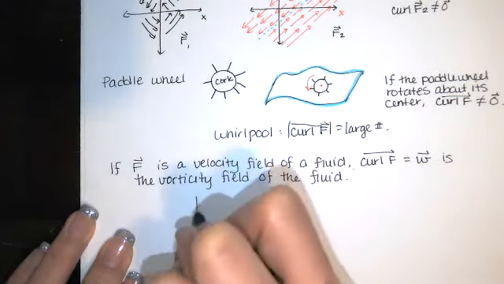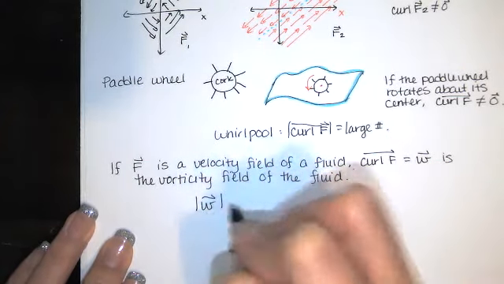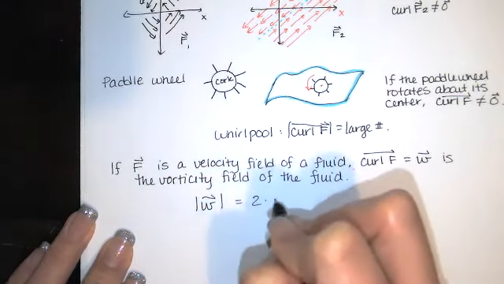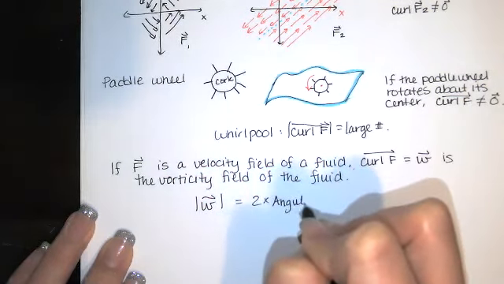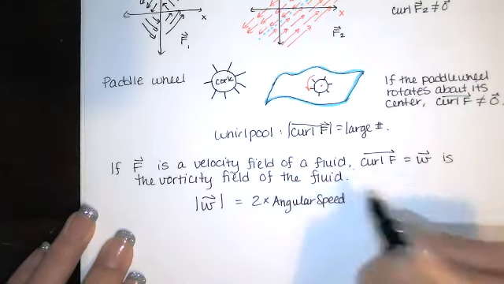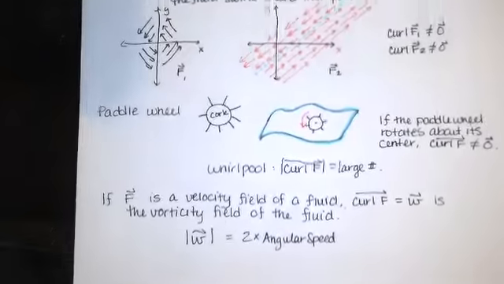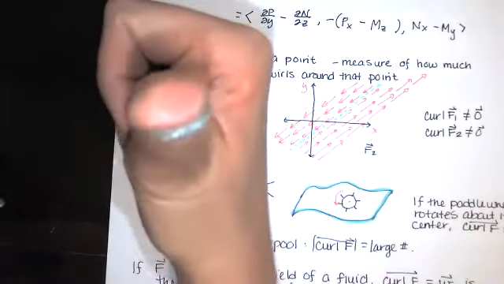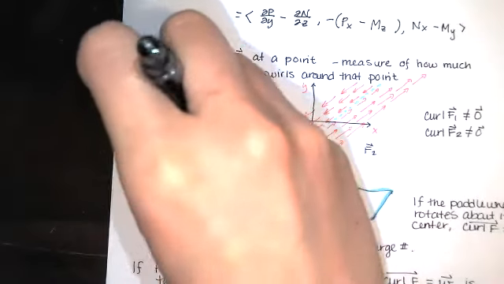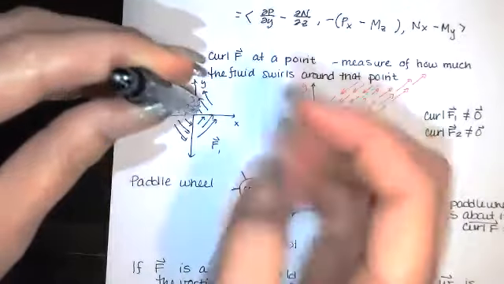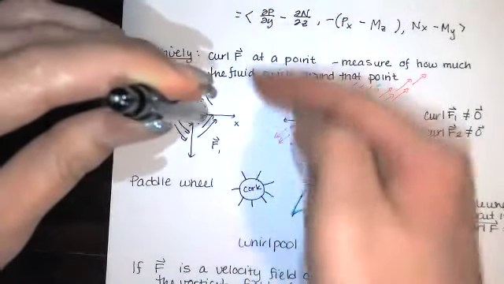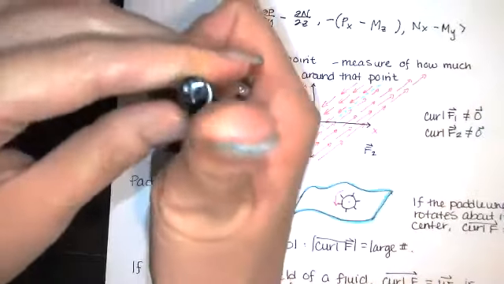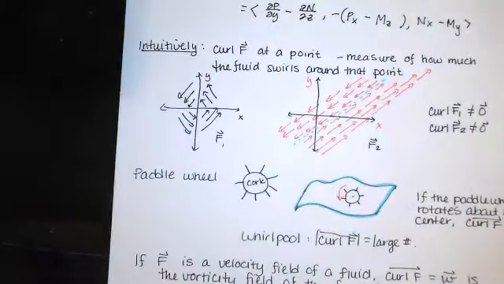And the magnitude of the vorticity is 2 times the angular speed. And the direction of the vorticity is just pointing directly up from that point where it's rotating. So if it's rotating this way, it's going to go this way. Or I guess you could say it's either going to go this way or this way, but the fluid is swirling counterclockwise relative to the direction of this guy. Okay.